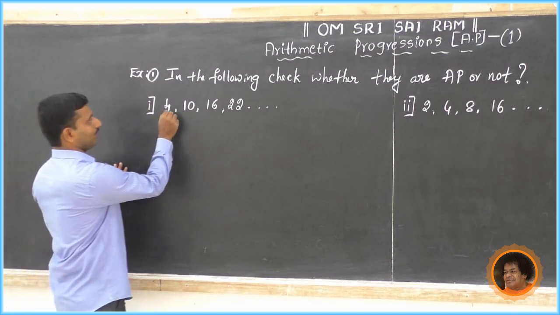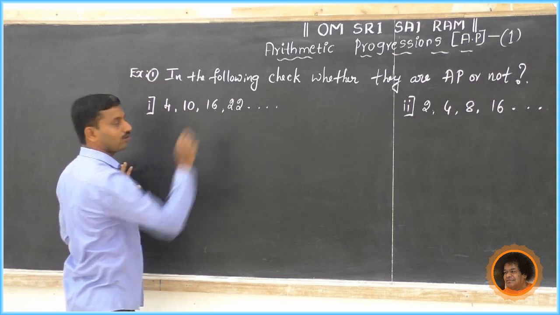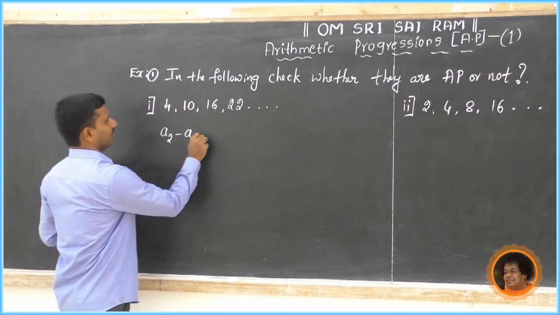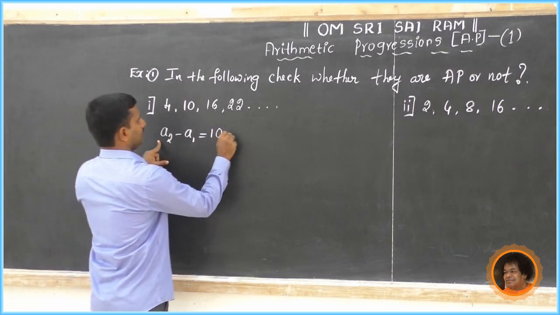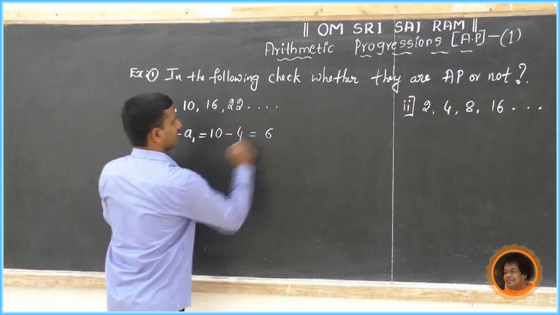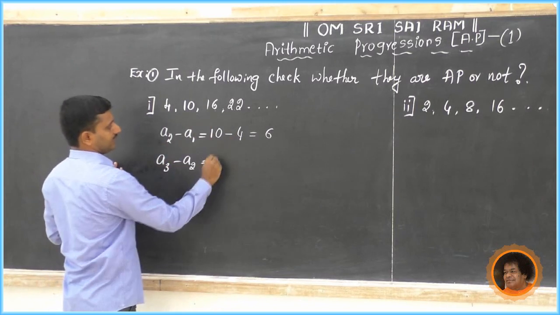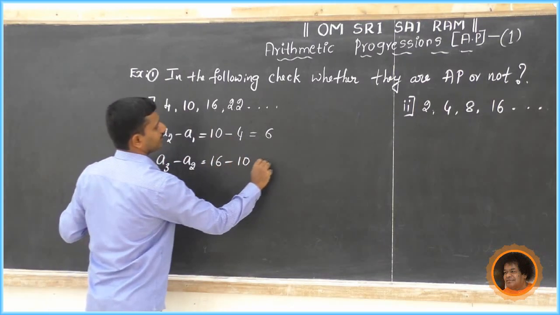So in the first example: 4, 10, 16, 22, and so on. A2 minus A1: 10 minus 4 equals 6. A3 minus A2: 16 minus 10 equals 6.